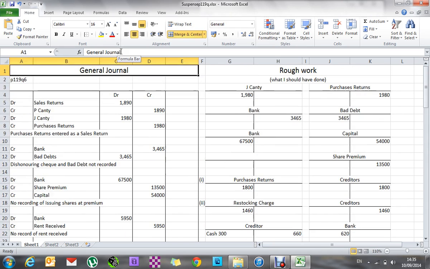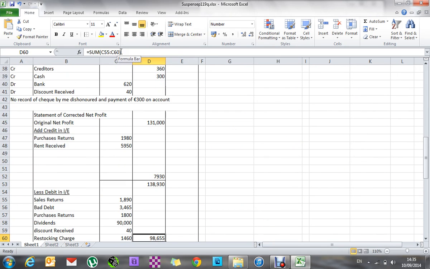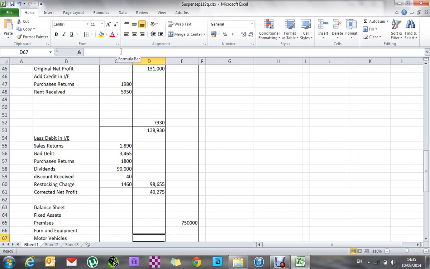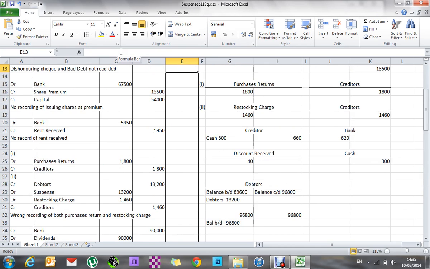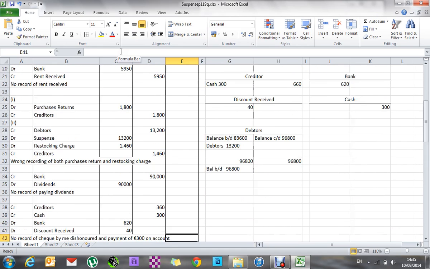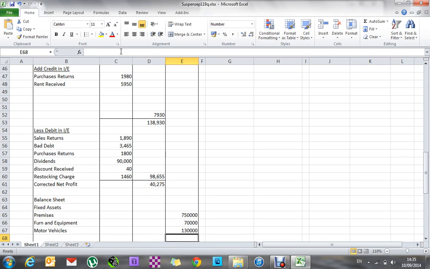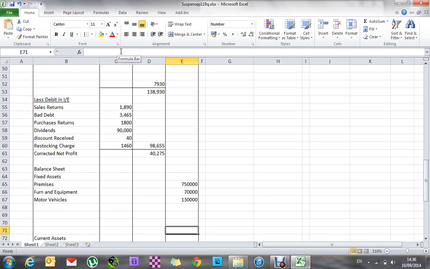I don't see a mention there in my general journal of the words furniture equipment. So 70 grand stays as it is. Motor vehicles. I don't see any more motor vehicles. I didn't buy or sell any motor vehicles. So that is 130 grand. So I'm going to add all these together.